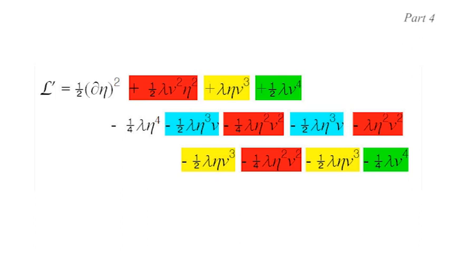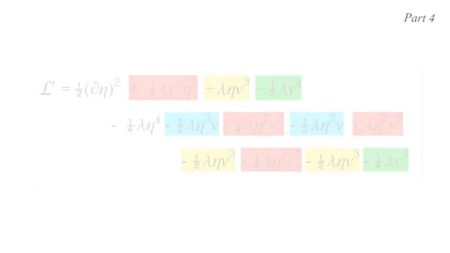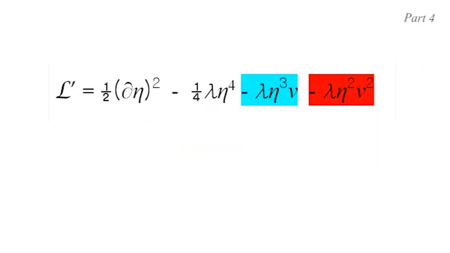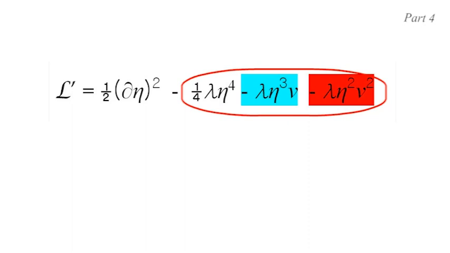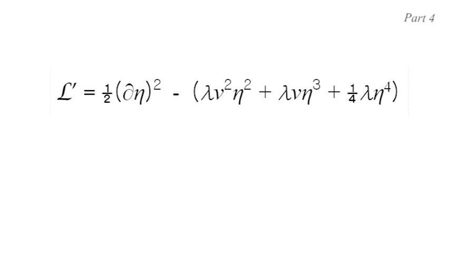They're not going to change anything, they're just constant. The reds add up, and the blues add up, leaving us with the formula for L dashed, or putting these terms into an equivalent potential bracket, it gives this final expression for L dashed in terms of eta.